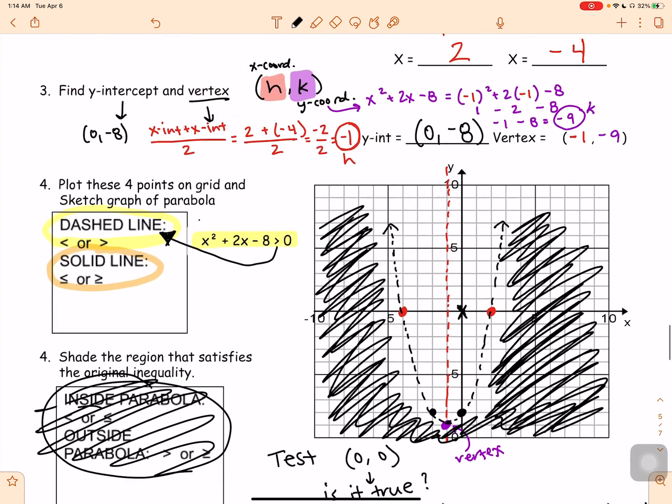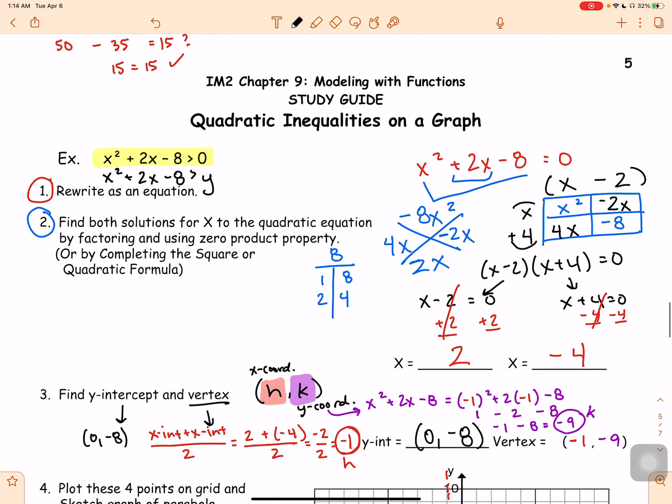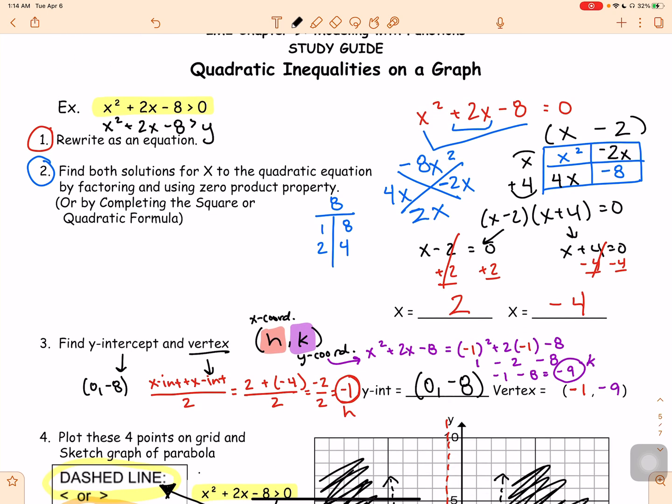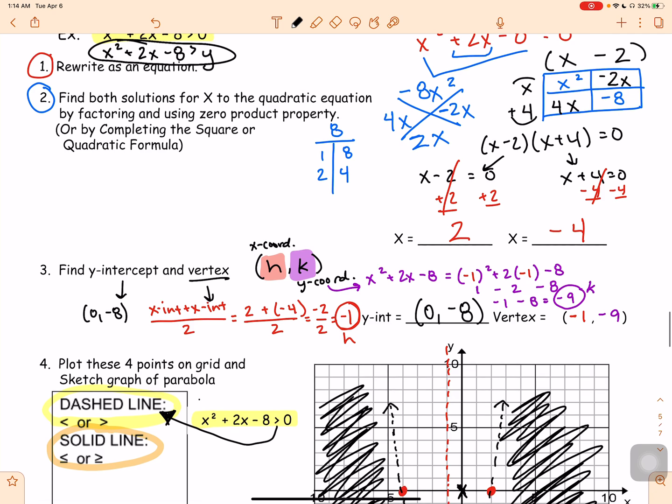So it's technically greater than y, right? So right here, I wish that what this should have said and what it will say on a test is greater than y, not 0. Okay, you put the 0 in to solve for the x-intercepts. But really, this would have been our original equation, or inequality. Should have had a y there instead of the 0.